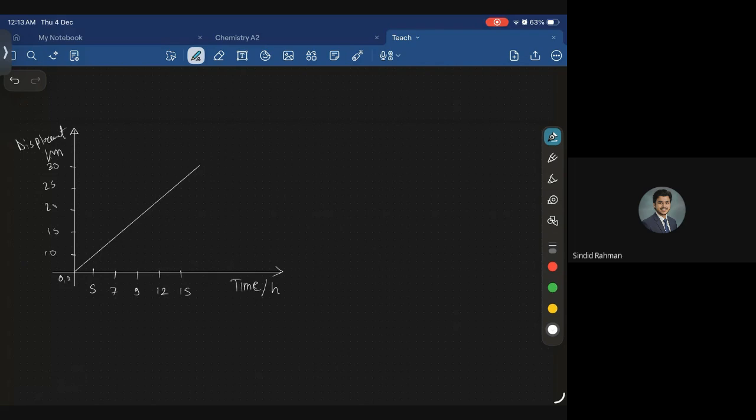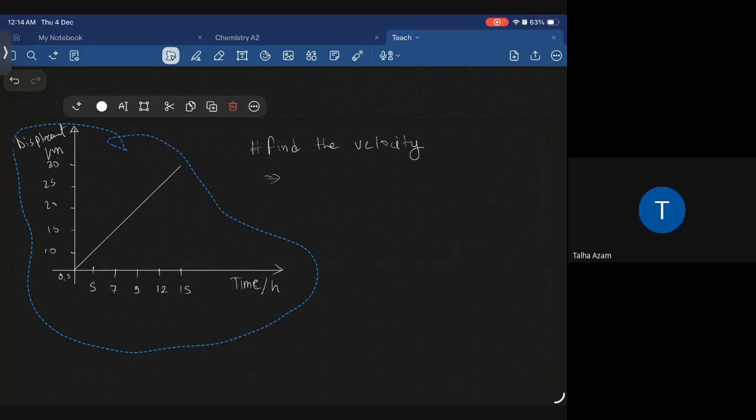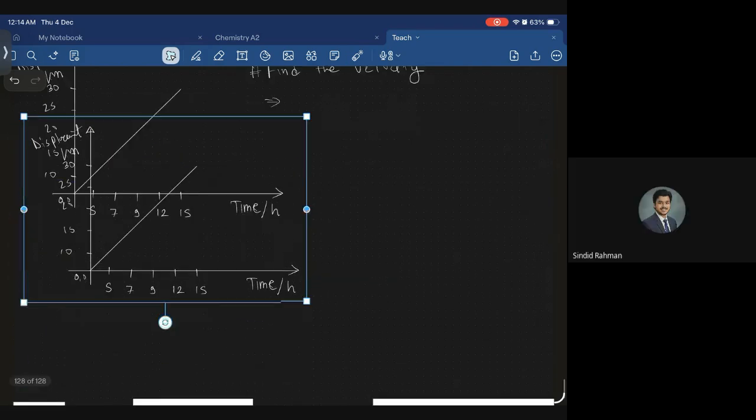Okay. Now I have told you to find the velocity from this graph. How can you find this? The velocity. Give me the value.